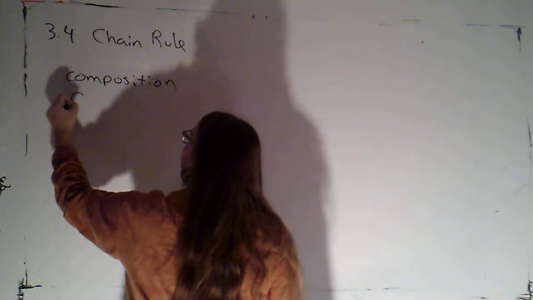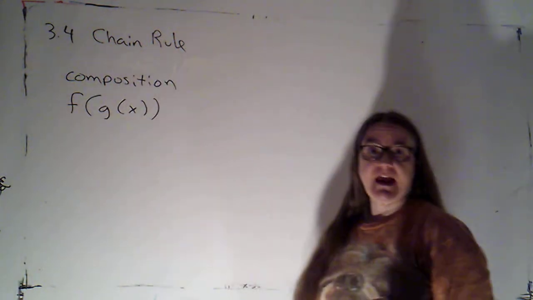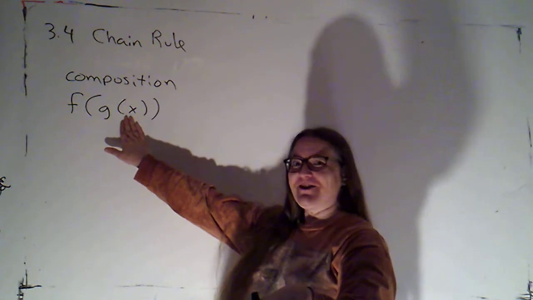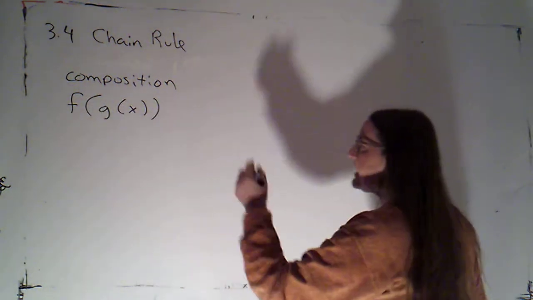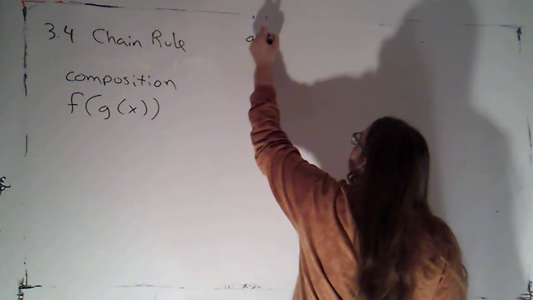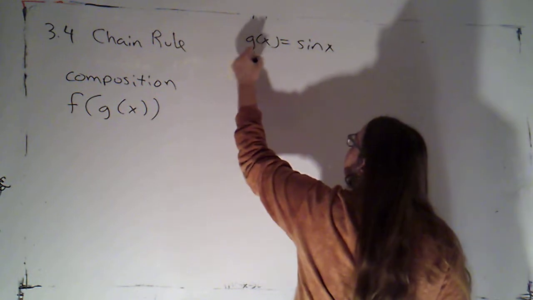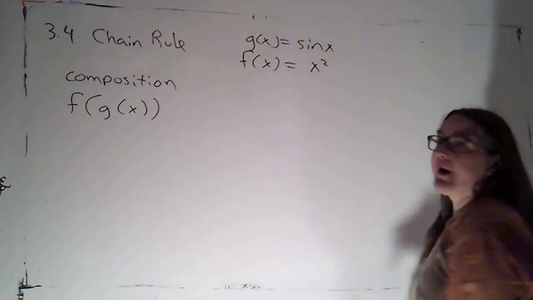So that would be when we have f of g of x. So we're plugging the result of one function, g of x, into another function. As an example, let's just suppose that g of x was equal to sine x, and f of x is x squared.